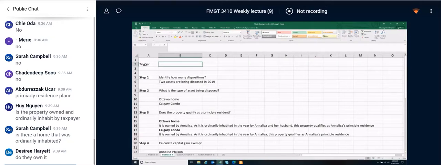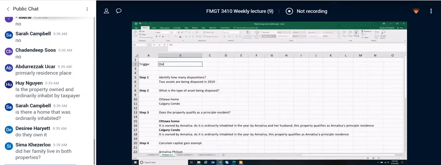So number one, is that good enough, or am I missing something in this trigger? They told you that Anna lived in both properties in the years, right?